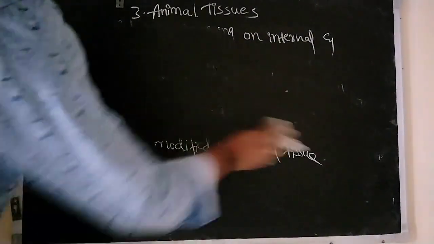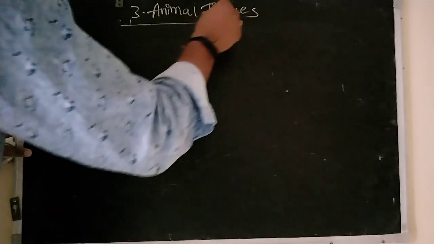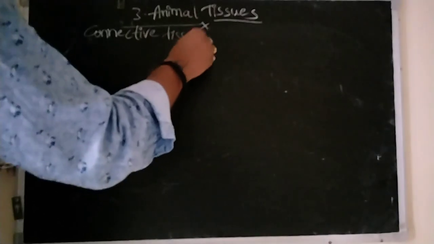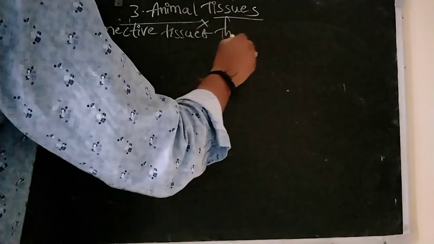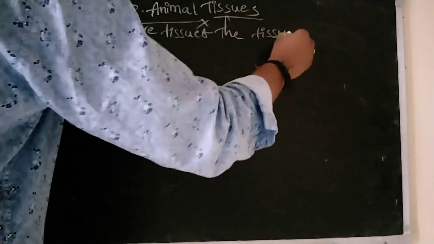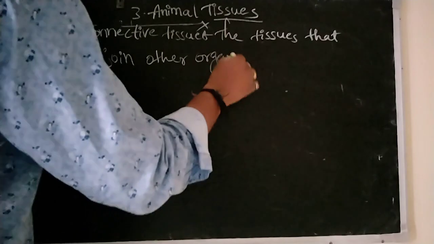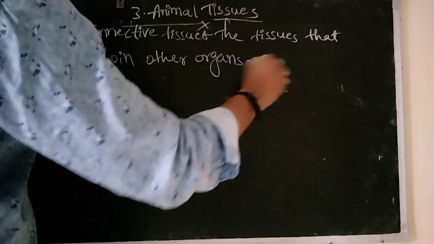Next one, connective tissue. In connective tissue, the first tissue is the areolar tissue. Before that, we will write the definition. The tissues that join other organs are connective tissue.